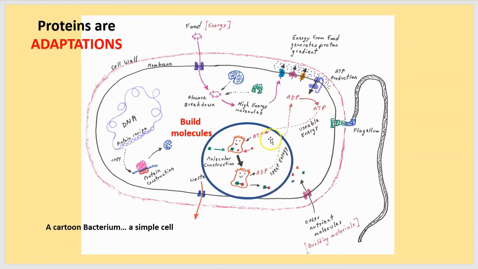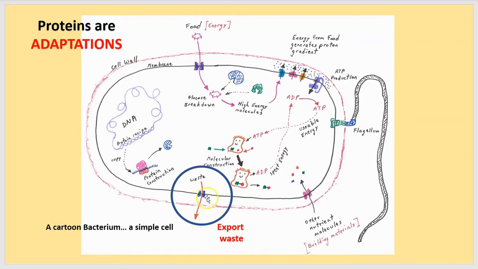Other proteins are responsible for building important molecules in the cell. And here, this protein, and there would be many of them around the membrane, are responsible for exporting waste. You've got to remove waste products from the cell, because if waste builds up in the cytoplasm, it interferes with the chemistry of life.